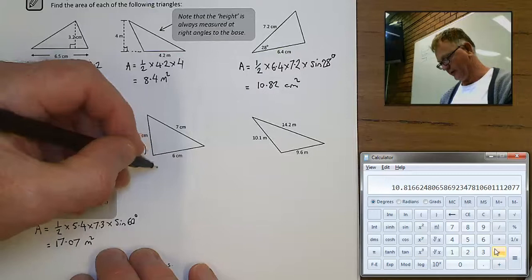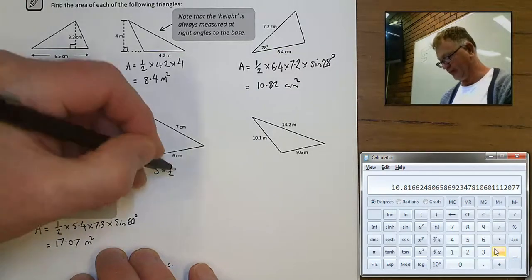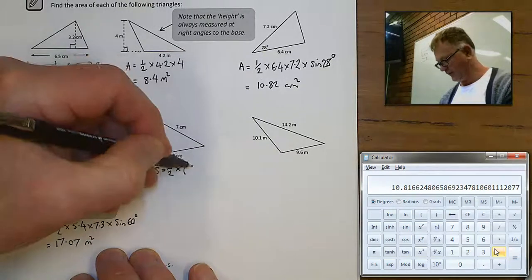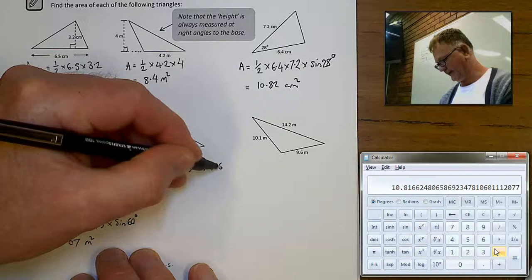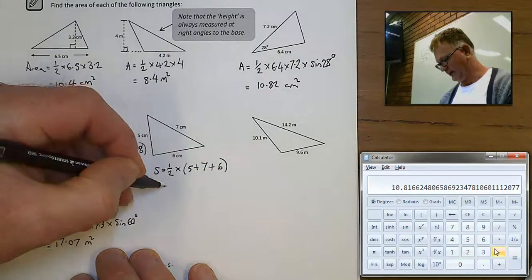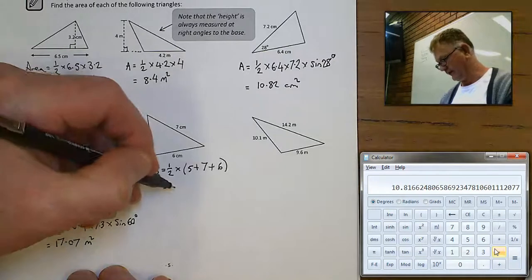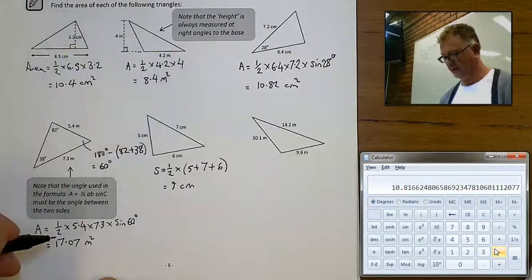So, to work out half the perimeter, you simply work out the perimeter and times it by a half. So it's a half of 5 plus 7 plus 6 in this case. 5, 7 and 6 add up to 18, times a half, 9 centimetres. So that's the variable S.